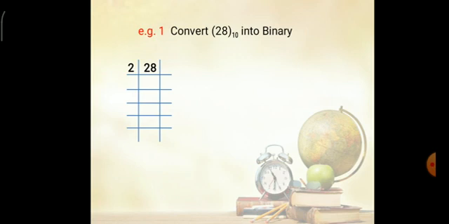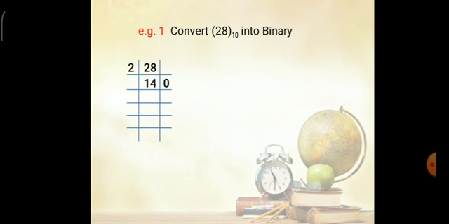So first of all, divide 28 by 2. We'll get 14 as quotient and 0 as remainder. Again repeat the step till the quotient is 0. It means divide again and again the quotient that is returned, until the quotient becomes 0.